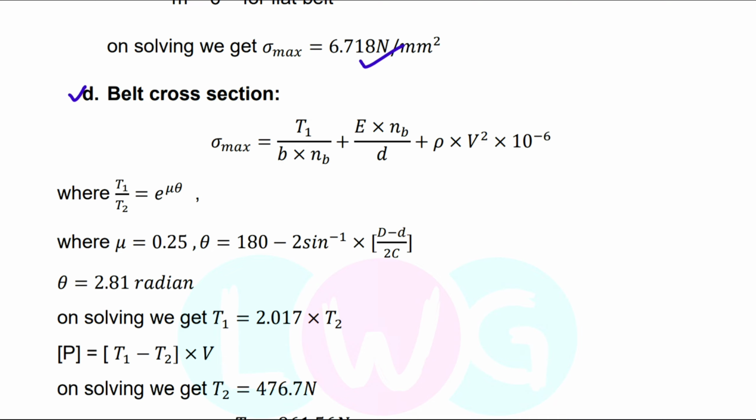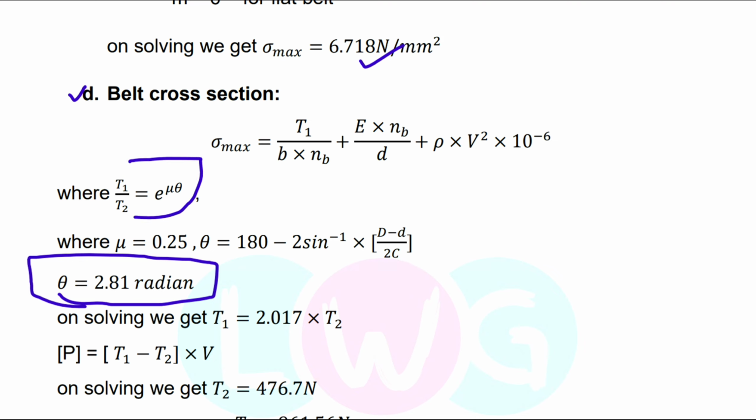C is the center distance, also given in the question. You will get theta in degrees, but convert it into radians because we want the answer in radians. So you will get theta equal to 2.81 radian. Putting all the values in this equation, you will get T1 equal to 2.017 into T2.